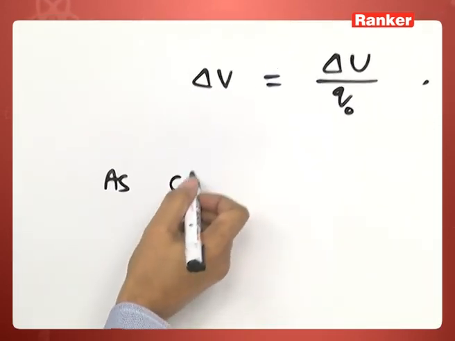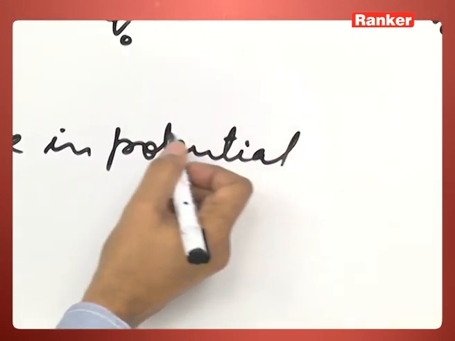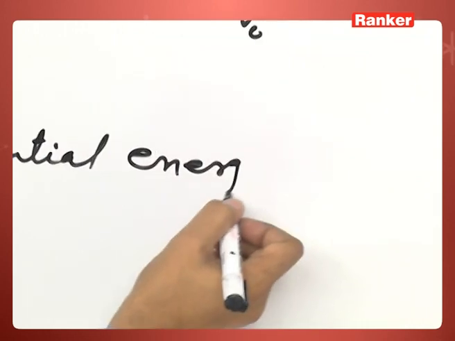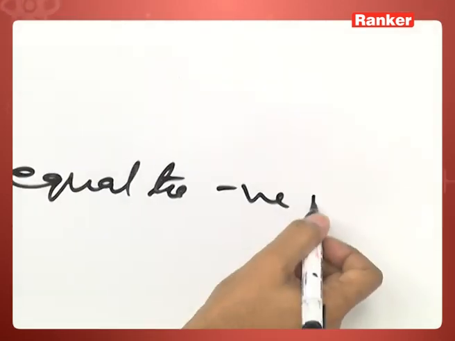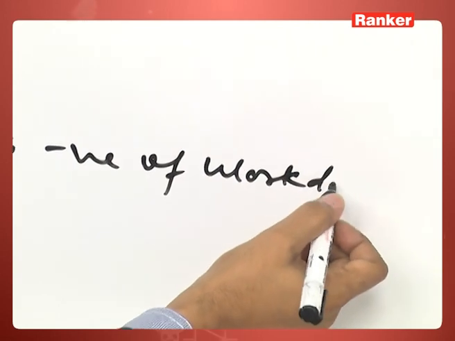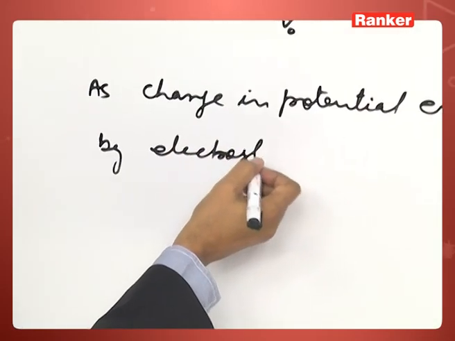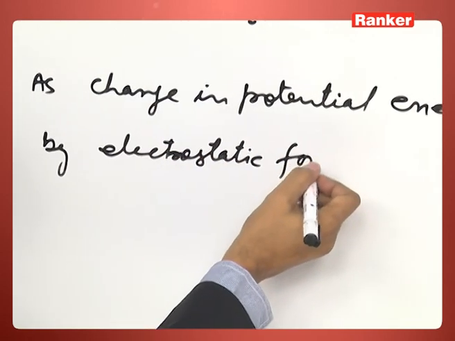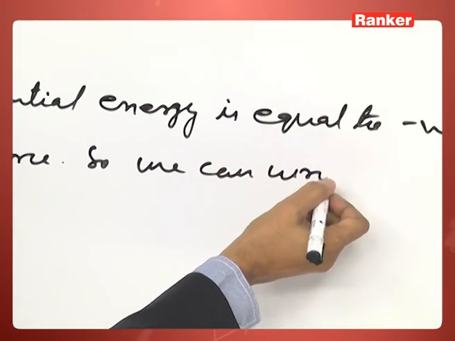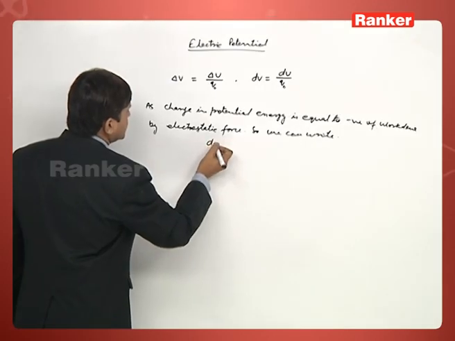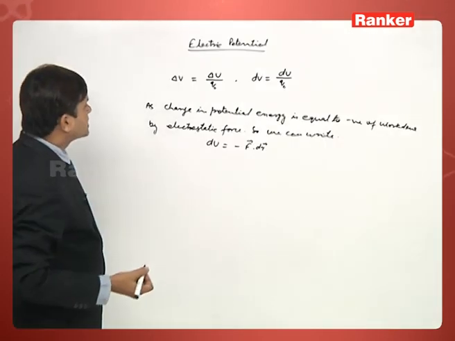As change in potential energy is equal to negative of work done by electrostatic force, we can write dU is minus F dot dr, where F is the electrostatic force.